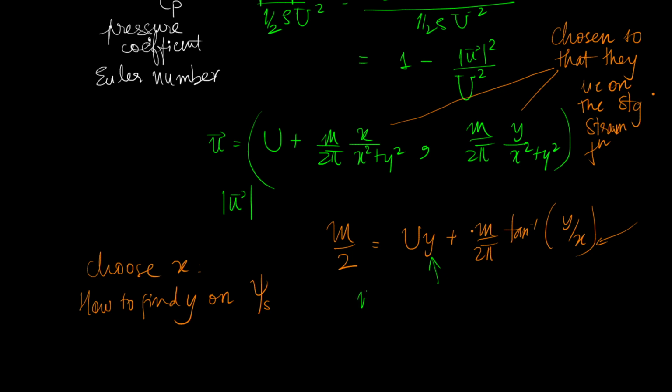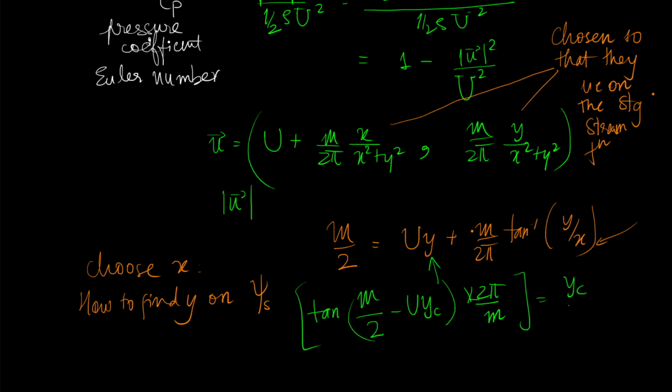So how to do that? If you fix y, then m by 2 minus u y chosen, times 2 pi upon m, tan of that is equal to y chosen upon x on the stagnation streamline.